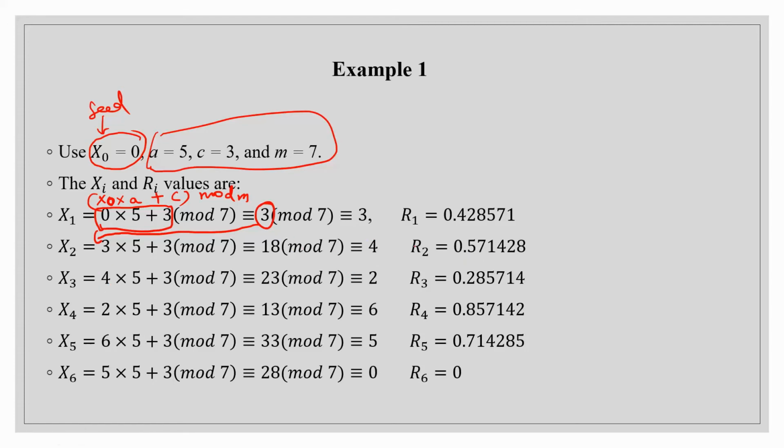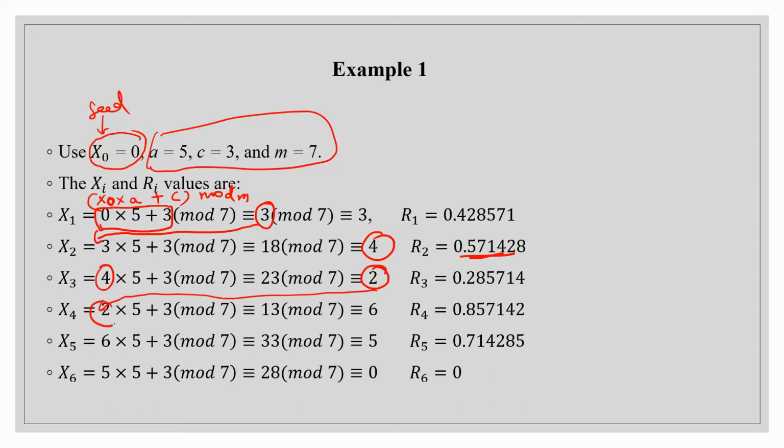And how will you generate the next random number? By 4 divided by 7 you will get this. Then the next random number will be generated by taking 4 over here and then into a plus 3, that is 23, and then again if you divide it with 7 you will get the remainder 2.